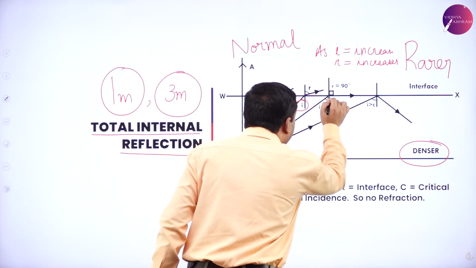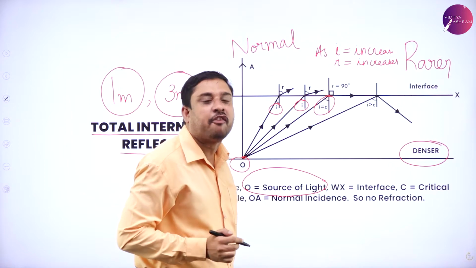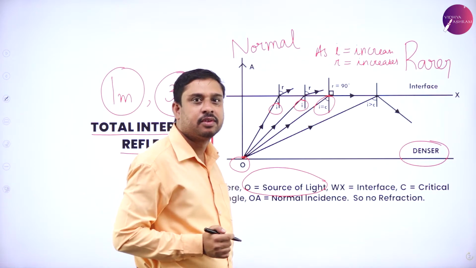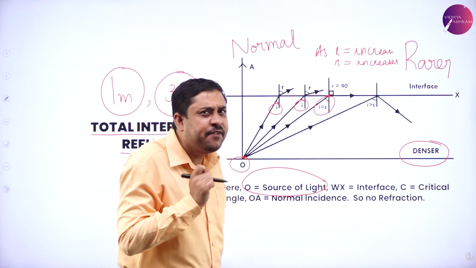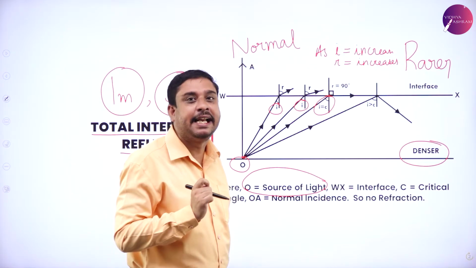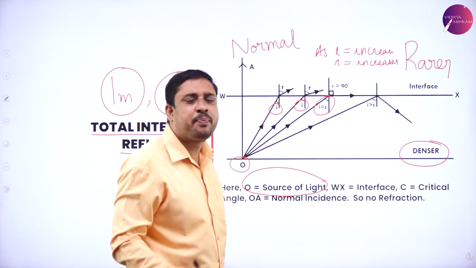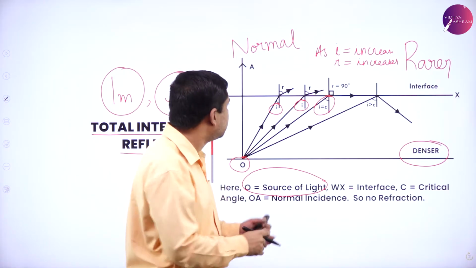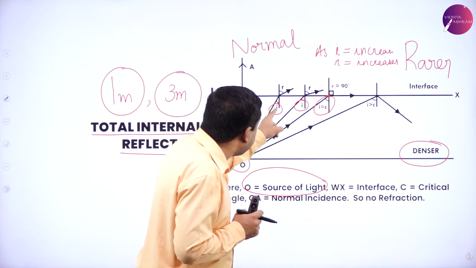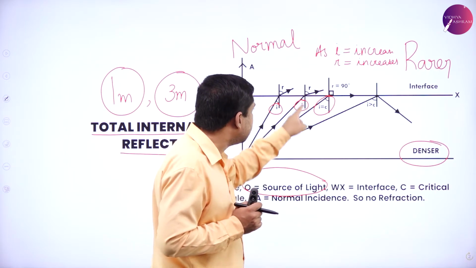Now, for one particular angle of incidence, a very, very particular angle of incidence, a definition almost all papers have asked. See, for this I, this is the bending that has happened.